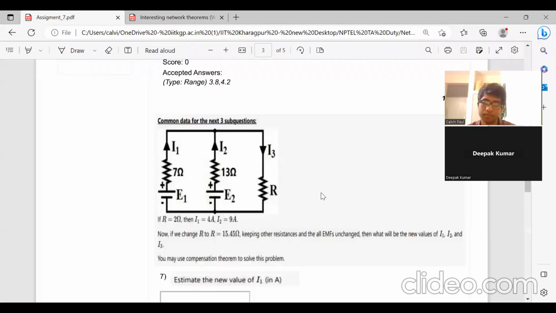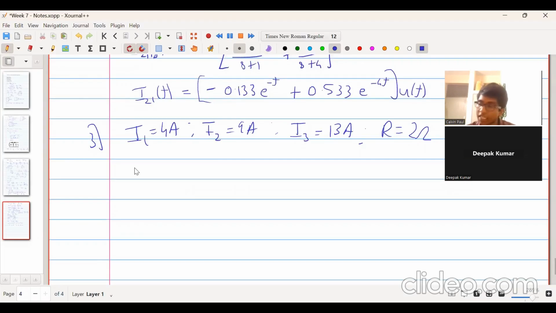Then R changes to 15.45. So the change in Z, delta Z, is equal to 15.45 minus 2, that is 13.45 ohm. We subtract because change is the difference.